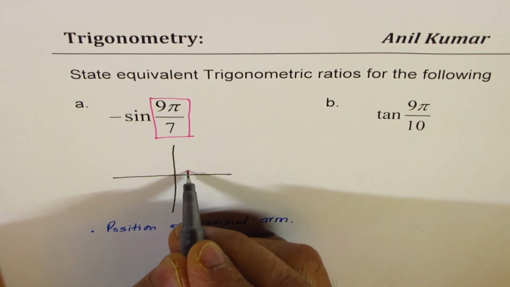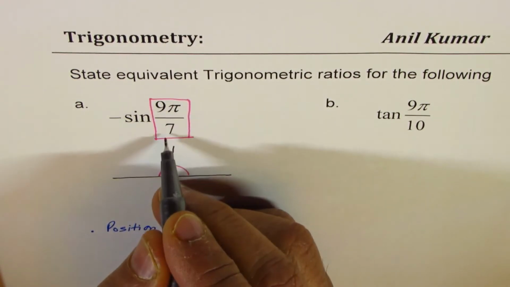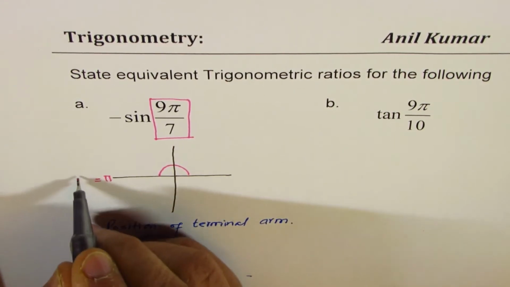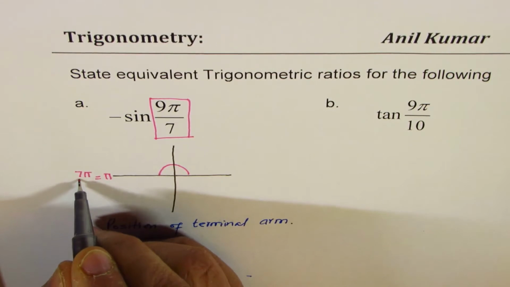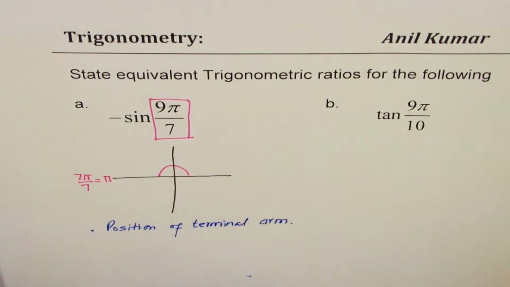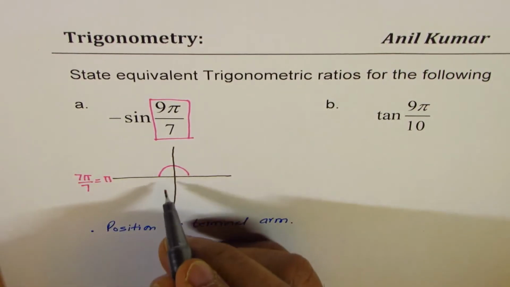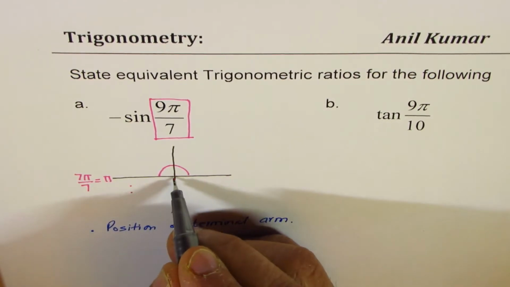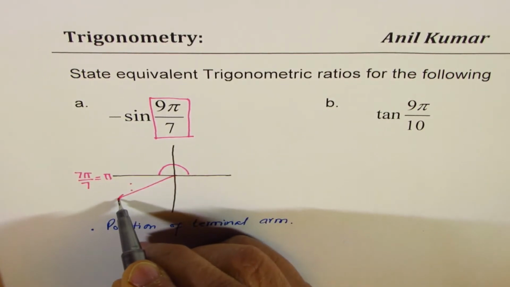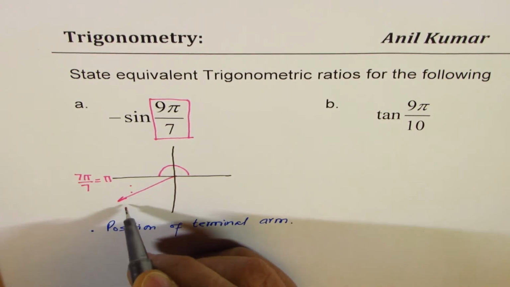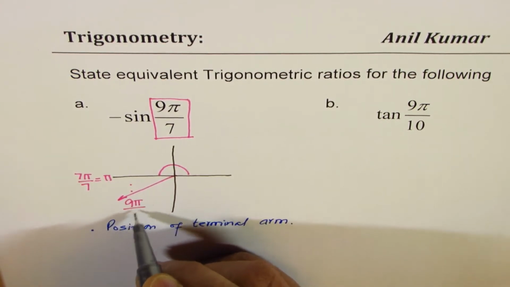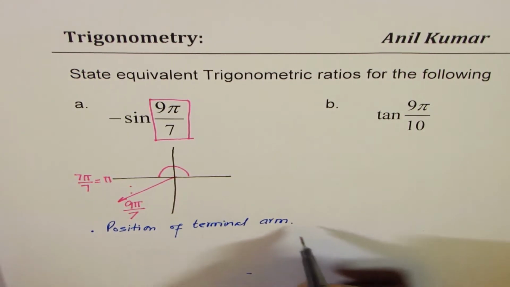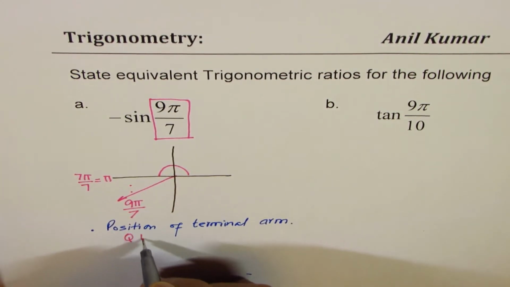We have to divide this pi into 7 equal parts. So this portion which is pi could be considered also as 7 pi by 7, right? So we have 7 portions here. That means the 9th portion will be the 8th and 9th, somewhere in quadrant 3. So that's the position, 9 pi by 7. So we know in this case we are in quadrant 3.